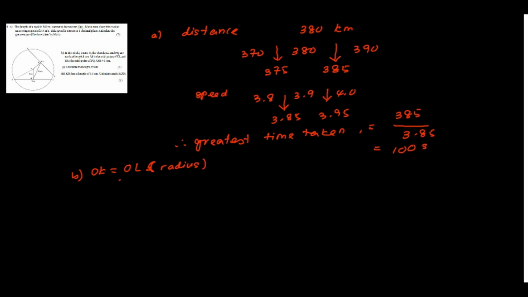So when you want to find OMK, angle OMK is 90 degrees, right? Therefore KM is 8 divided by 2, so this is 4, and therefore using Pythagoras' theorem, OK equals 5 cm.